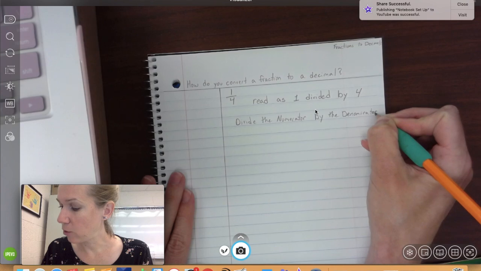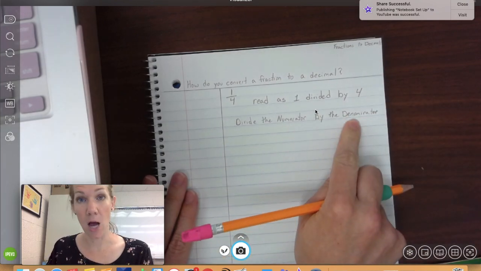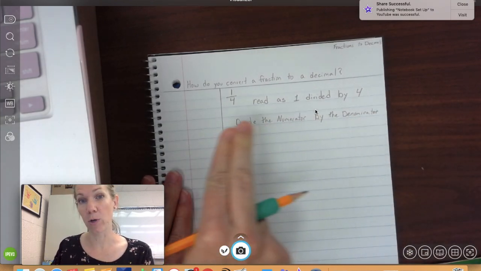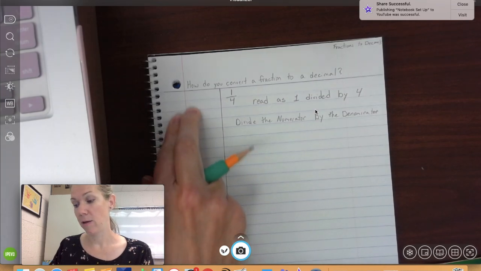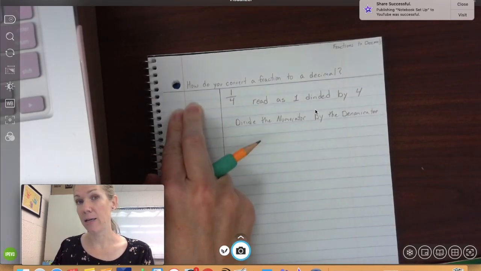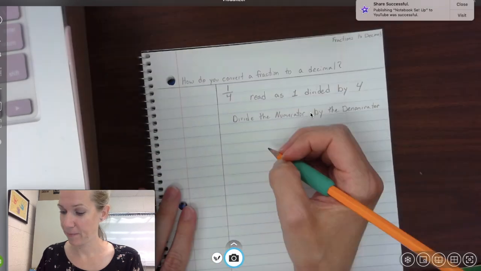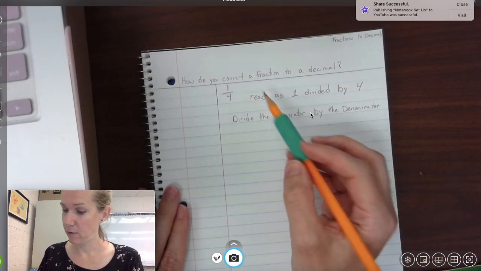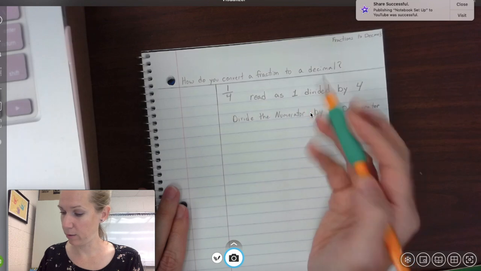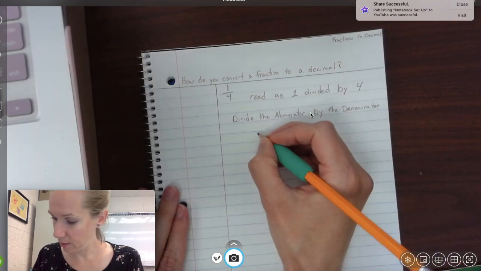When you go back and look through your notes, numerator and denominator might be 2 vocab words that you pull out here to the left-hand side and define over here. Then we're going to write 1 divided by 4, looking like this.